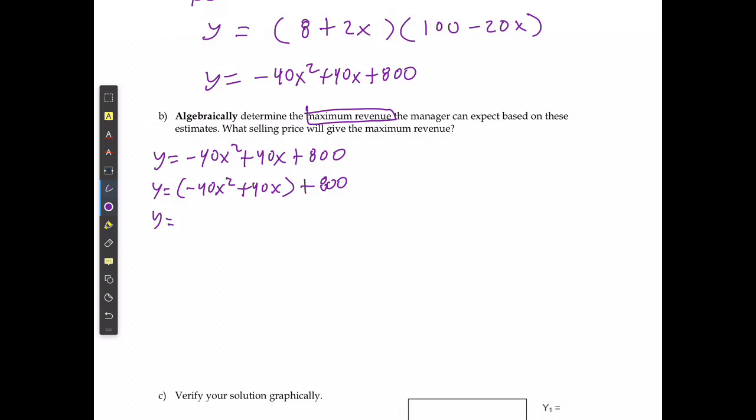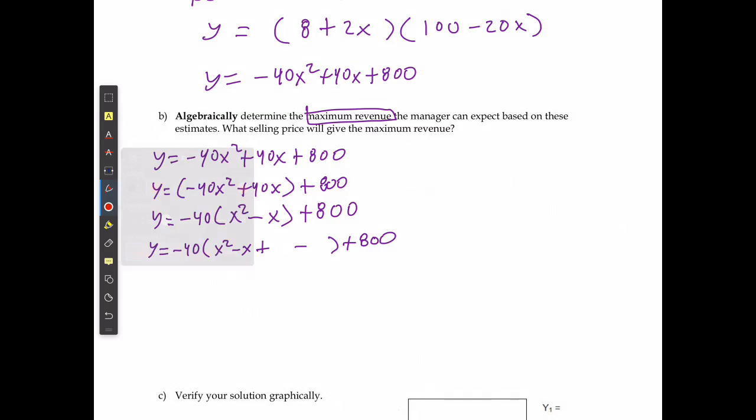Y is equal to, when I divide by 40, negative 40 bracket x squared minus x, plus 800. Y is equal to negative 40 bracket x squared minus x plus the number minus the number and then plus 800. And in this case, the imaginary coefficient of x is negative 1.